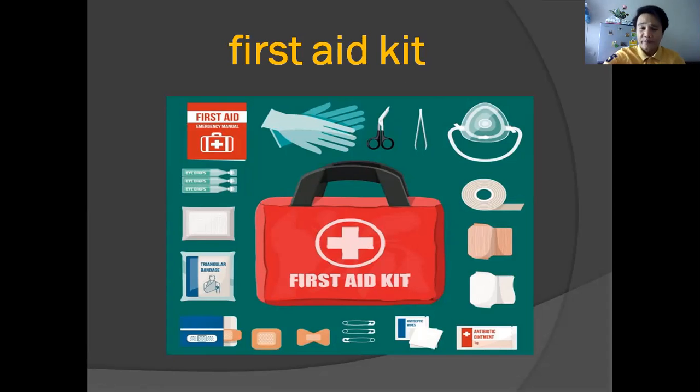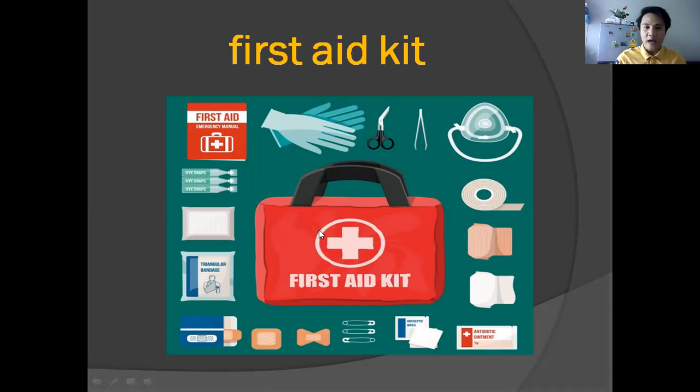It contains all the things we need to do first aid, and all of them are put inside a box or a bag. We call this bag or box a first aid kit. Do you understand?